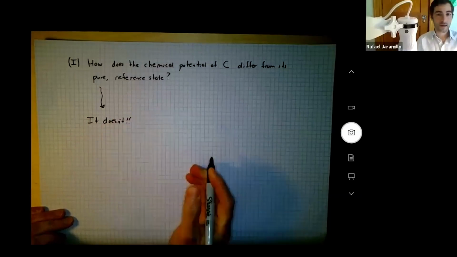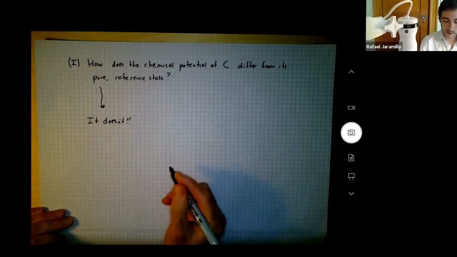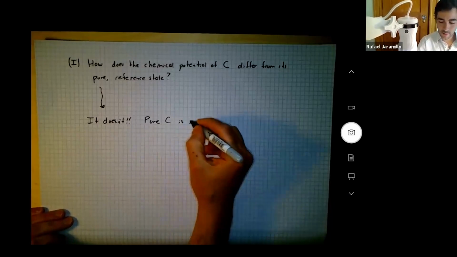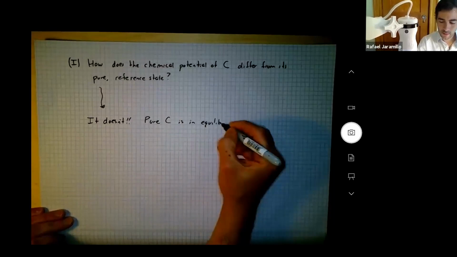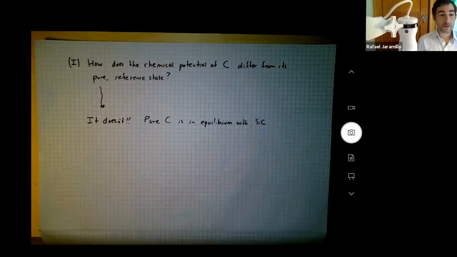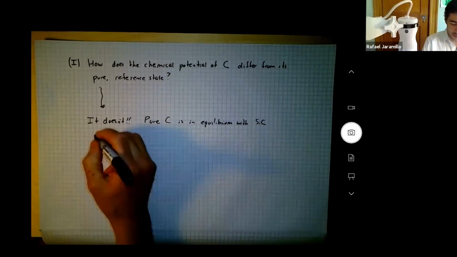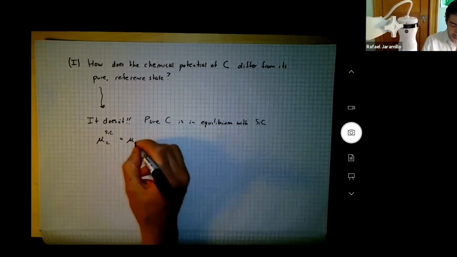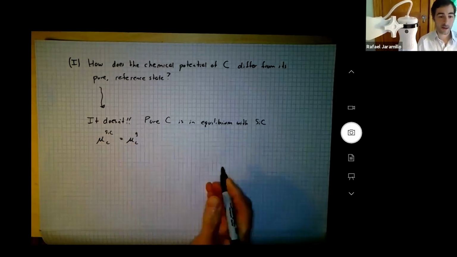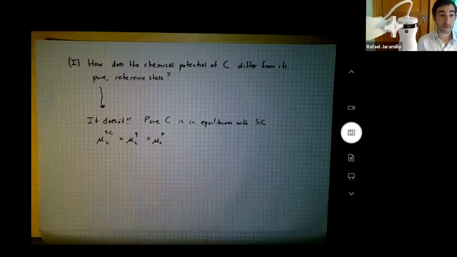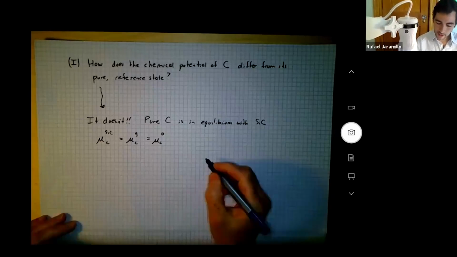It doesn't differ. Why? Pure carbon is in equilibrium with silicon carbide. That's an observation. What that means is that the chemical potential of carbon in silicon carbide is the same as the chemical potential of carbon in that graphite phase, which is sitting there, which is by definition the chemical potential of carbon in its reference state. Good.